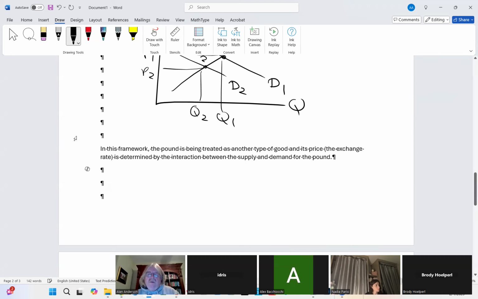Although we think of the pound as a good, it's really more of an asset.